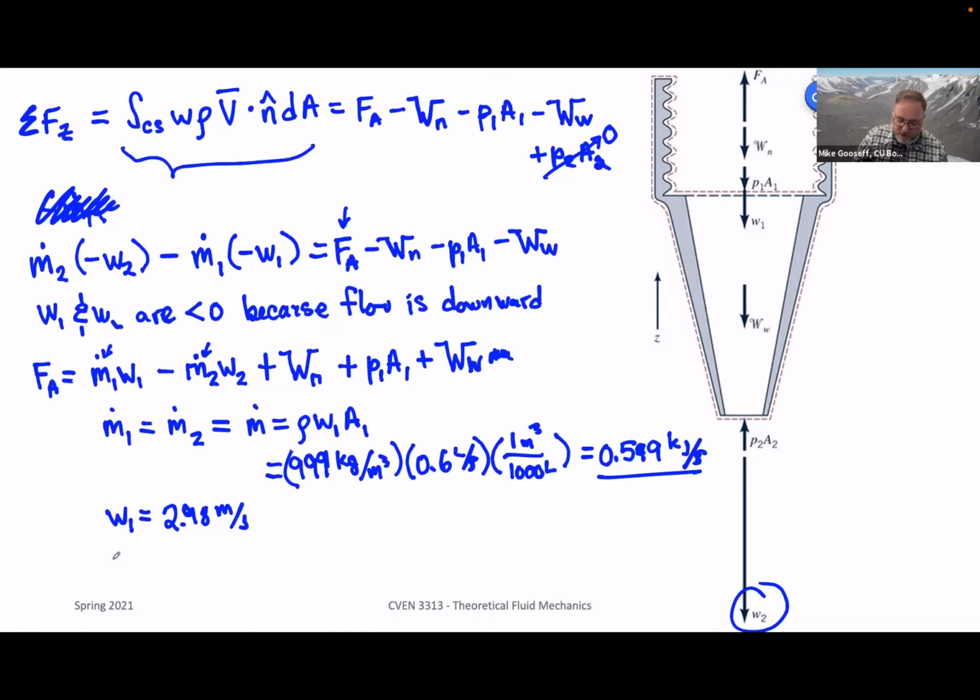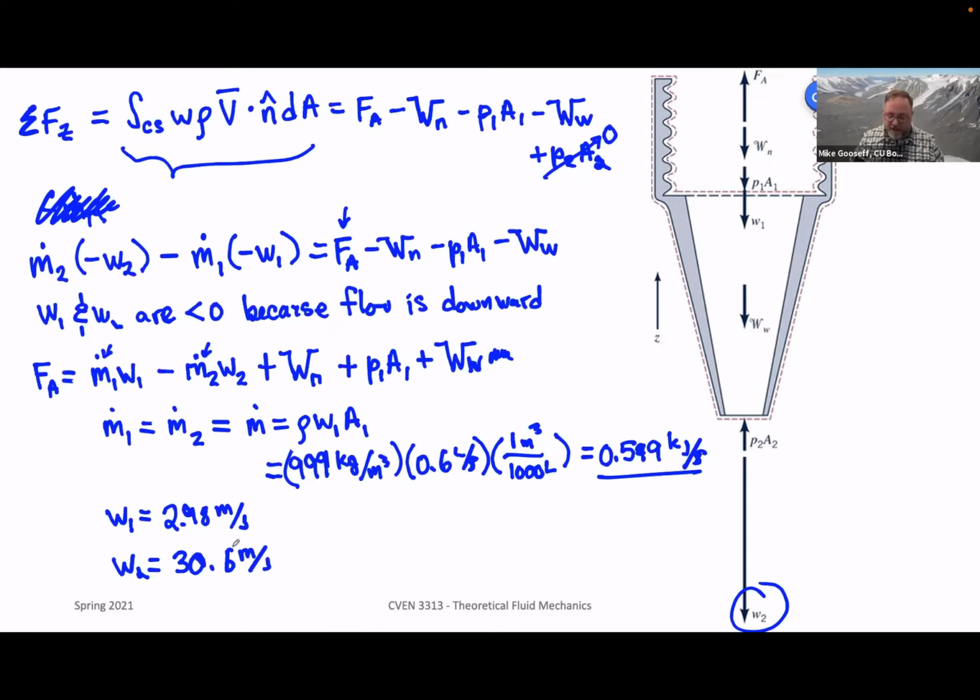And W2 will come out to be 30.6 meters per second. The Wacom is not keeping up.